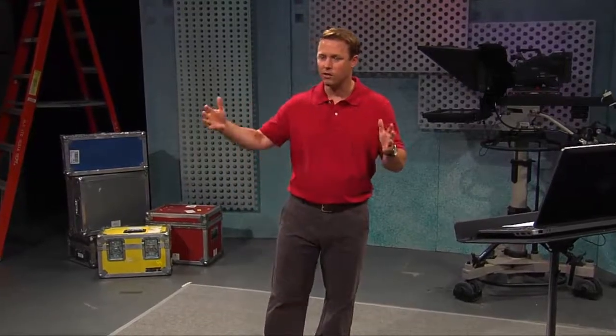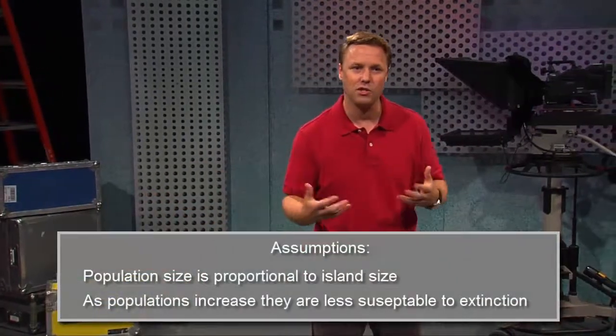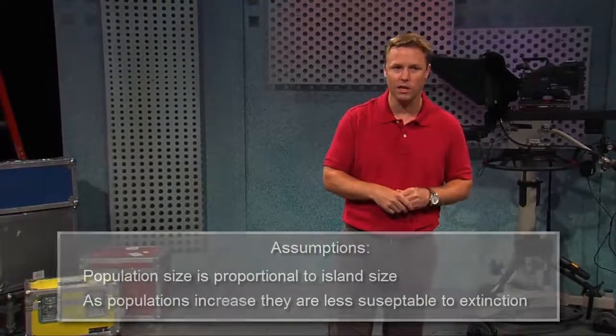So islands of different sizes will have the same density of individuals. So as islands get bigger, population sizes will proportionally get bigger as well. The second assumption that we have to make is that as population sizes get bigger, these larger populations are less susceptible to extinction than smaller populations. So larger populations are less likely to go extinct than smaller populations.